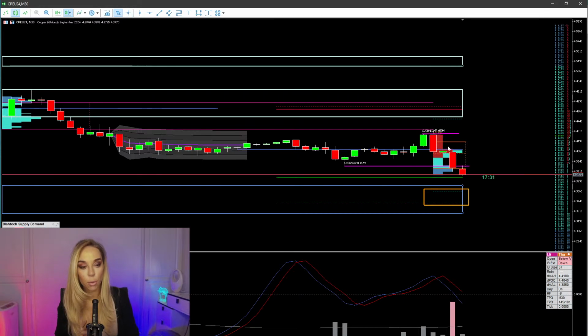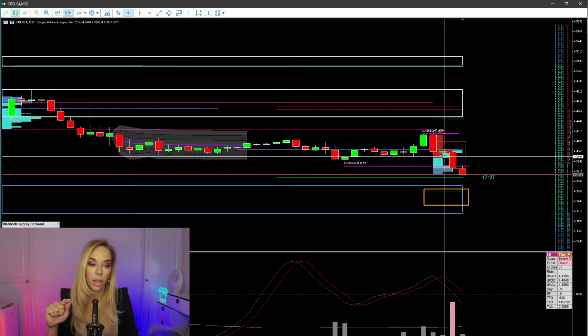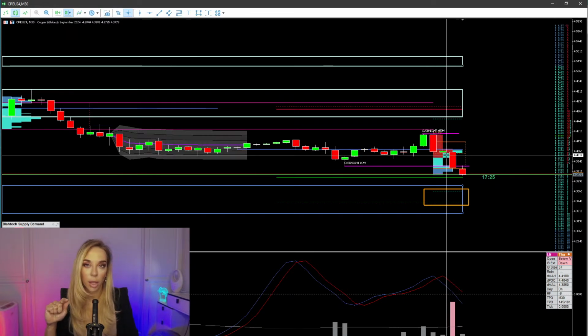But if we popped outside of it and then the price went back into this red area and then started to hang in there, that opens up a possibility for a failed auction, meaning the market participants tried to take it outside of the first hour trading range, they failed, brought it back to initial balance, and closed a 30-minute candle back inside. That is the textbook trigger for the failed auction.